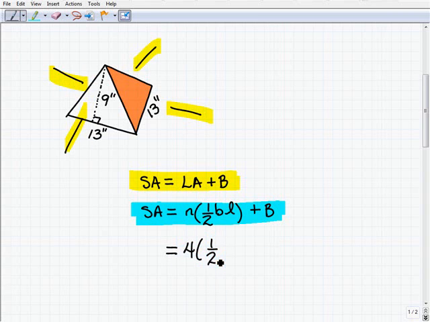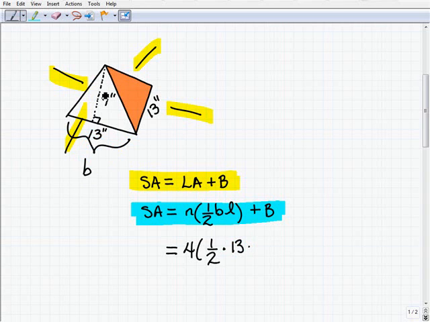1/2 b. B is the base of the pyramid, and you can see that is 13, so that's our b here. So 1/2 times 13 times L. And L represents the length from the bottom of the pyramid to the peak.